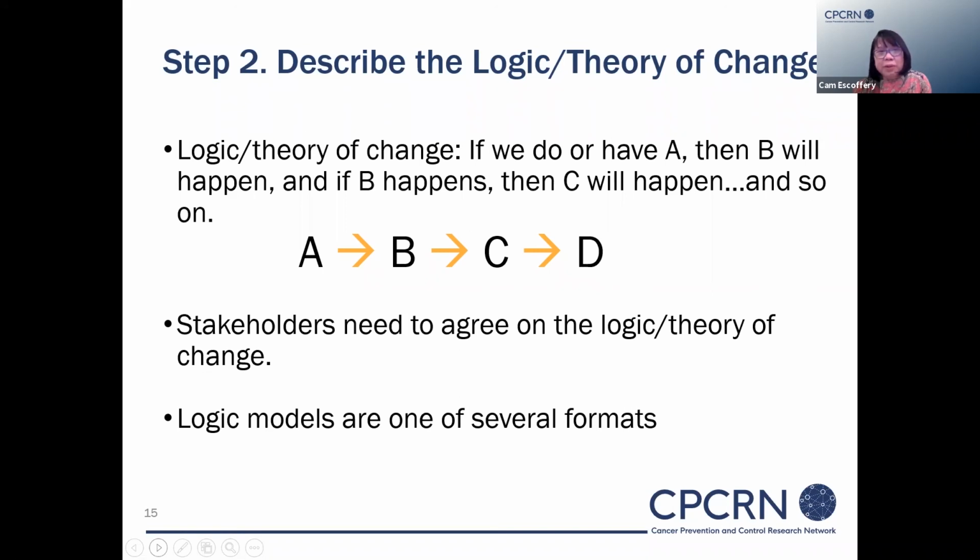So when you're developing your logic model of change, you want to make sure that your stakeholders understand all of the different components that go into the program delivery and also the outcomes. And logic models are one of the several evaluation formats that you might actually see, but they're very helpful in getting everybody on the same page.